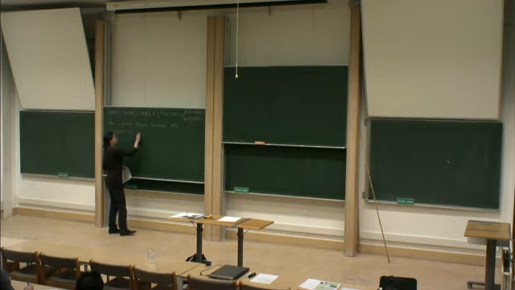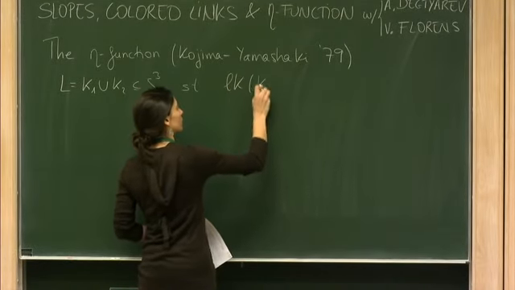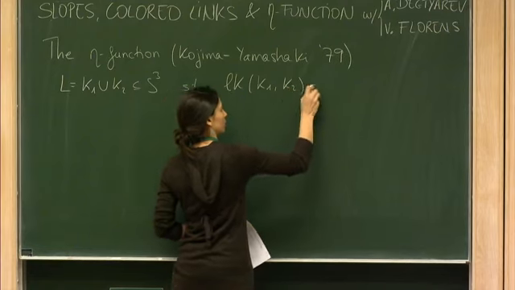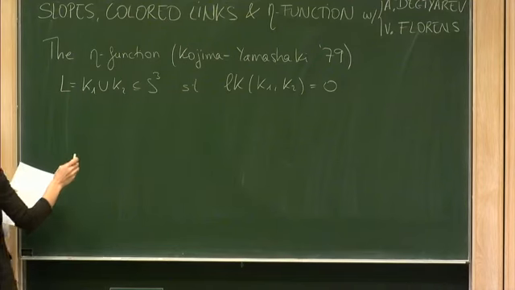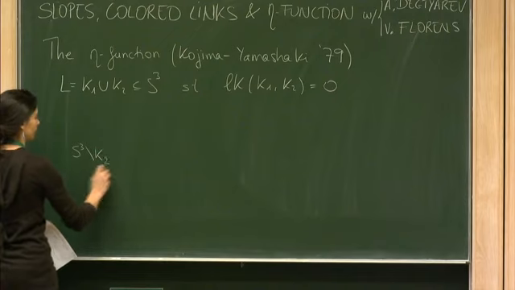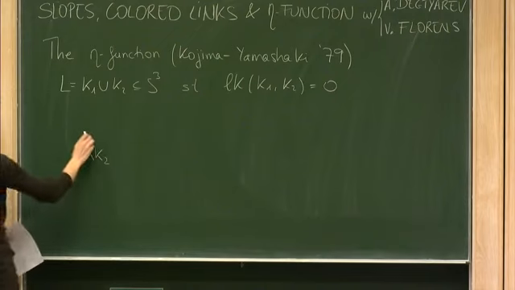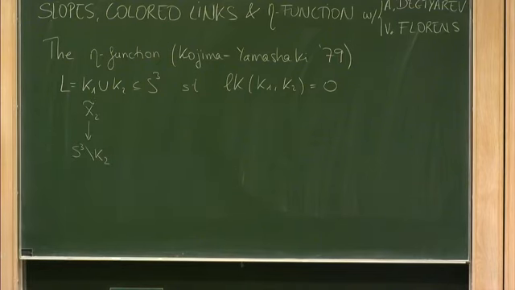And you ask for this link to be algebraically split, meaning that the two components have trivial linking number. So in this setting, you consider the complement in S3 of K2, and then you look at the infinite cyclic cover of this that I'm going to call X2 tilde.